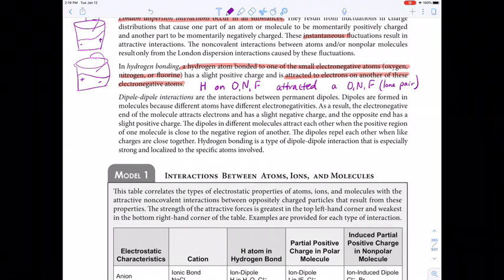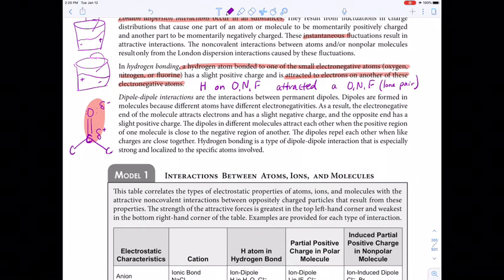So for instance, if you have a molecule like this, we did a little bit of this at the end of the last semester. The oxygen is more electronegative. The carbon down here, remember this is a carbon, is a little more positive. So this right here would be a permanent dipole because the oxygen's more negative, the carbon's more positive.